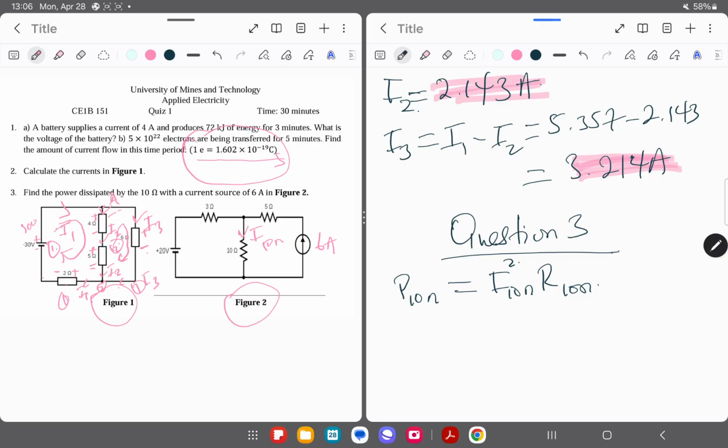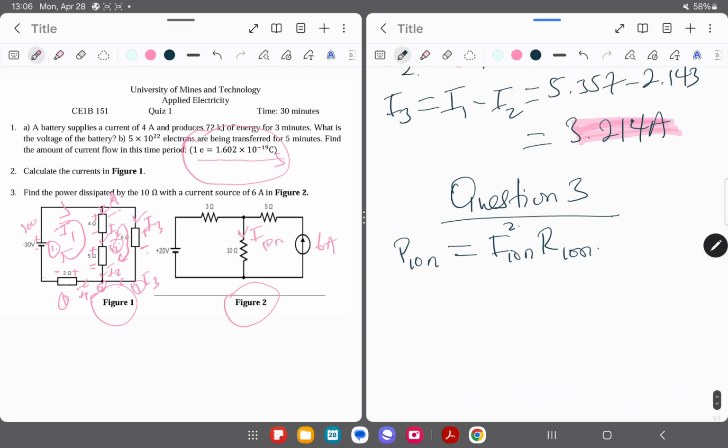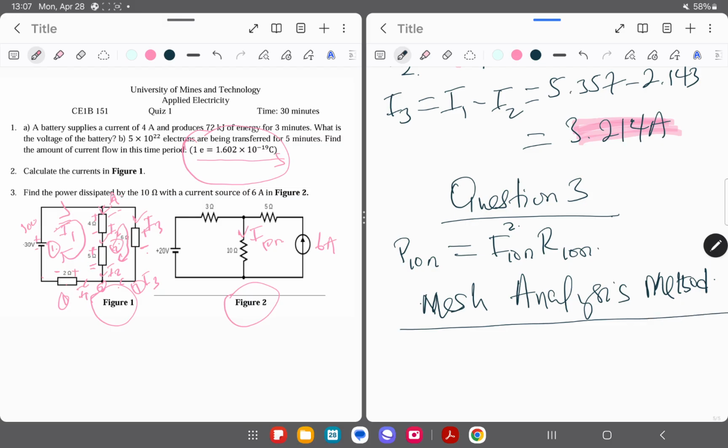For me to get the power dissipated by the 10 ohms resistor, I have to get the current passing through it. To find this current, I'm going to be using the mesh analysis method.